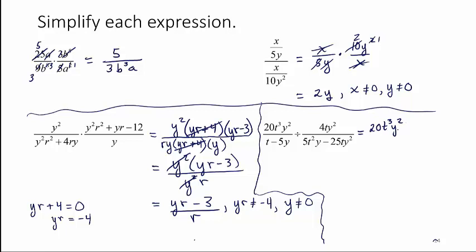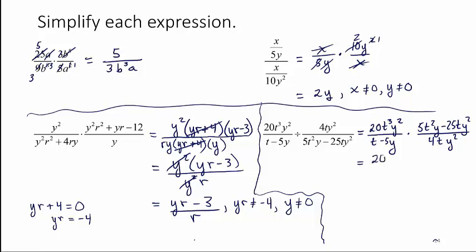So I'm going to have 20t cubed y squared divided by t minus 5y, and I'm going to multiply that by 5t squared y minus 25ty squared divided by 4ty squared. Okay, so now that we've multiplied by the reciprocal, let's try to do a little bit of factoring.